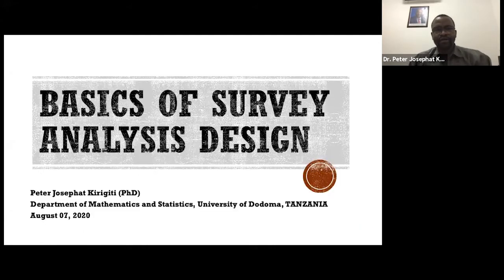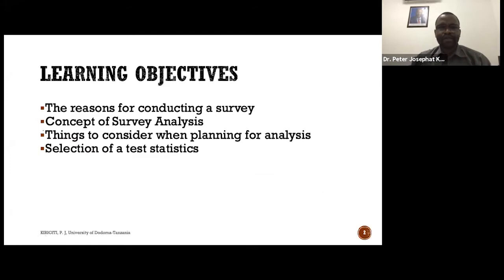Today we are going to talk about the basics of surveys and analysis designs. We'll cover the reasons for us as researchers to conduct a survey, and the concept of survey analysis. Then we will look at the things we need to consider when planning to conduct a survey.